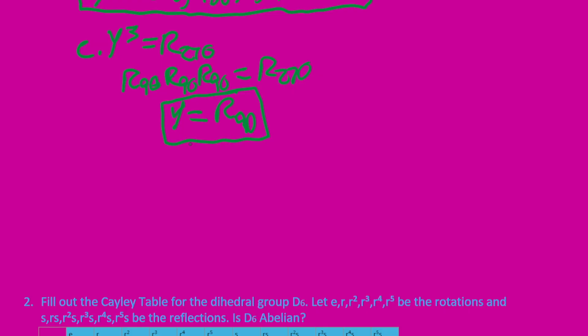And then for the last one, we have z equals the horizontal reflection. Well, the horizontal reflection 5 times will produce the horizontal reflection. So we have z equals H. And that's it for the first problem.